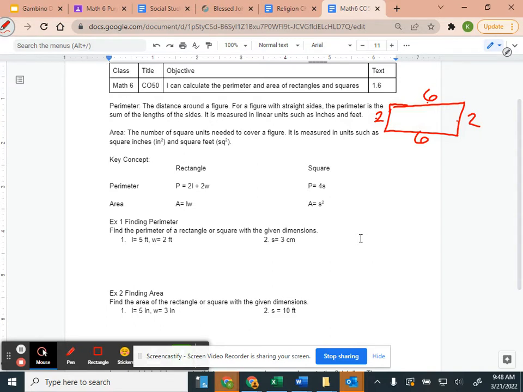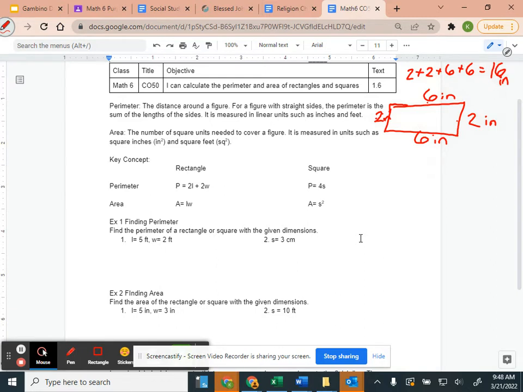We just add them all up. 2 plus 2 plus 6 plus 6 equals 16. So our perimeter would be 16. I didn't write any measurements on there. So let's call it inches. So our answer would be 16 inches.